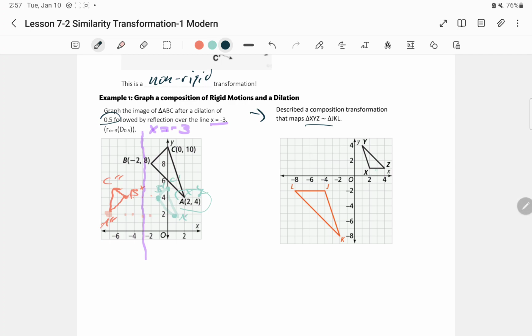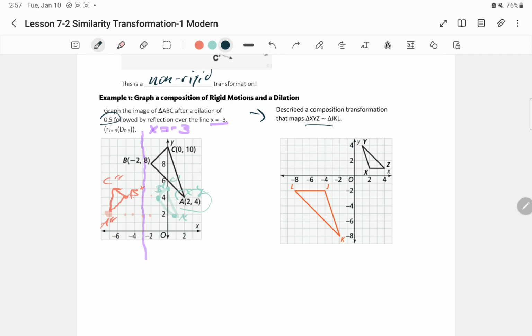With a quick look at this, if I were to think about it as a reflection, x would go to J, and then Y should go to K. But when I look at it, if I reflect it over some kind of line such as this, Y does not go to K. In this picture, Y goes to L. So it's not a reflection. So let's get that out of our minds.